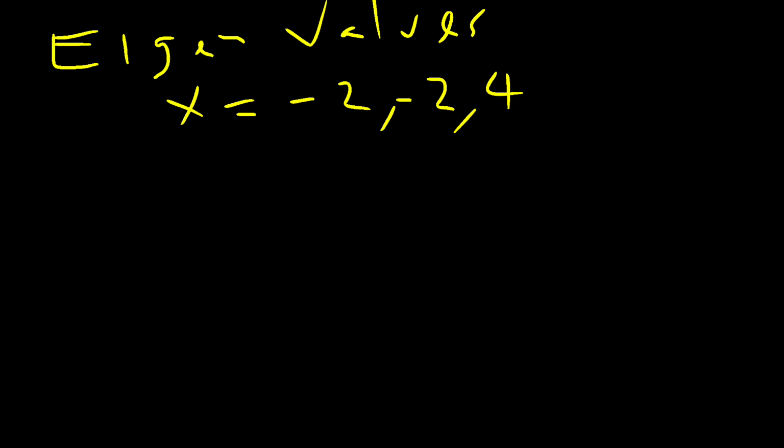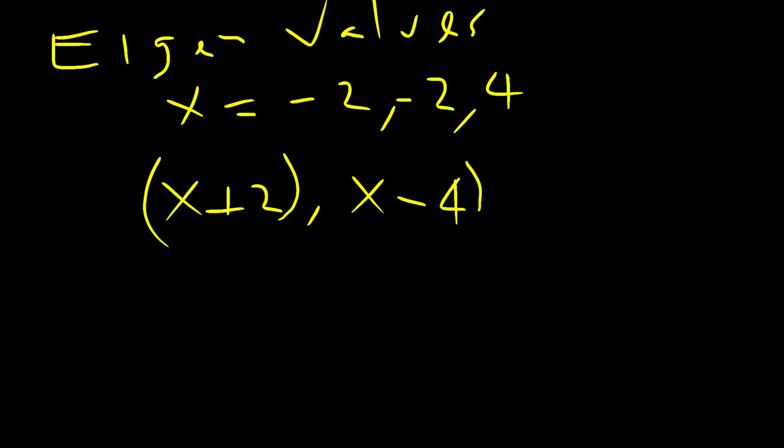Now the only possibilities for the minimal polynomial are x plus 2, because it divides the characteristic polynomial fully without a remainder, and again x minus 4, because it also divides the characteristic polynomial fully without a remainder.